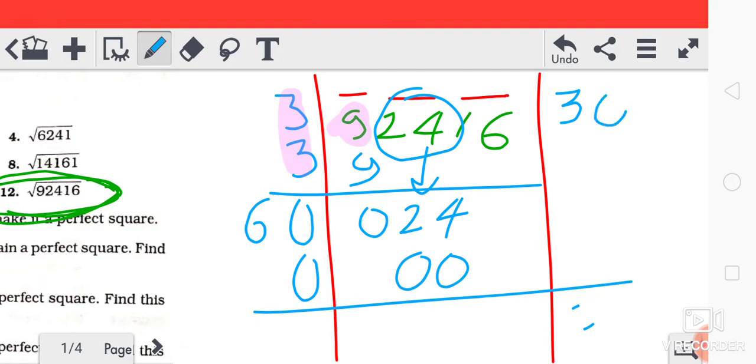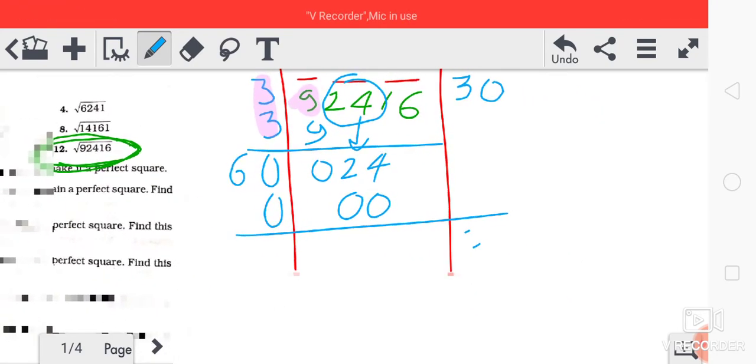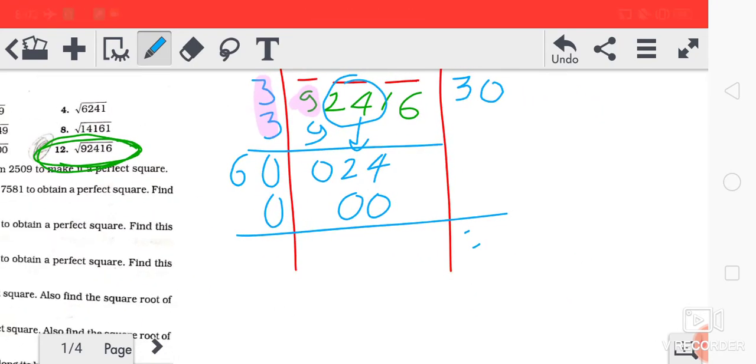At the right side also we'll write 0. Got it? Now 24 minus 0, how much will we get? Here we'll get 24 only. And now this 60 on the left side, plus 0, how much will we get? 60 only. So we'll write here 60.